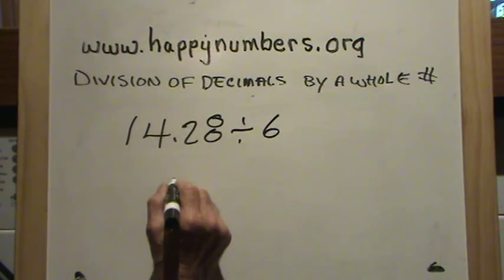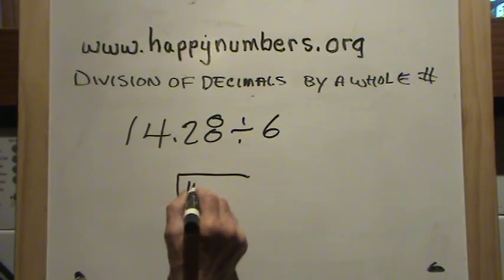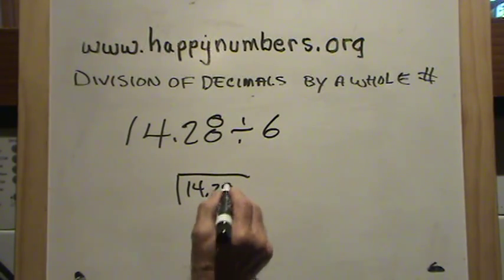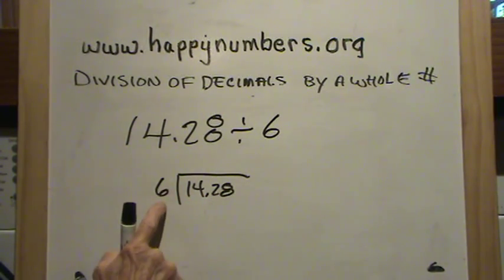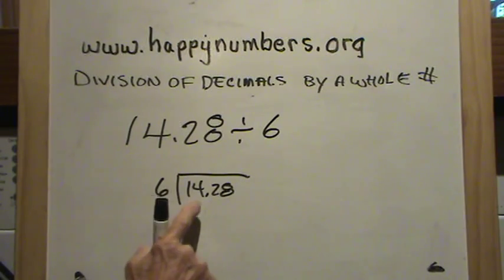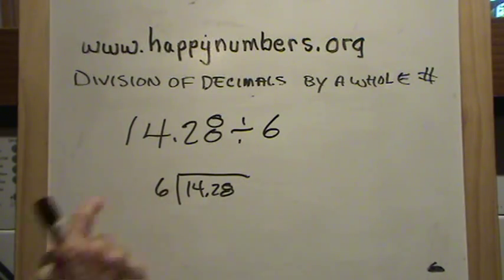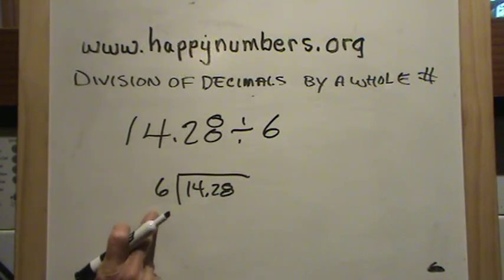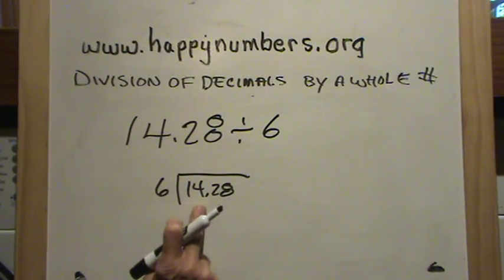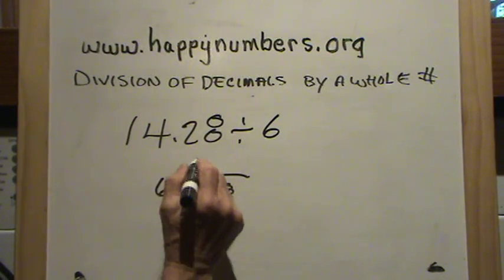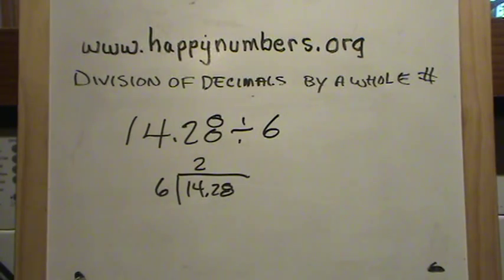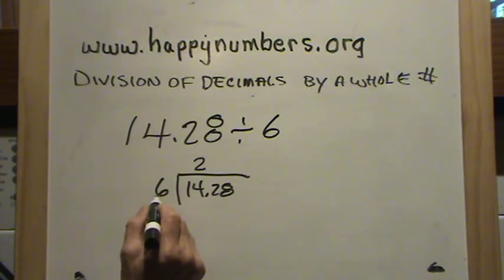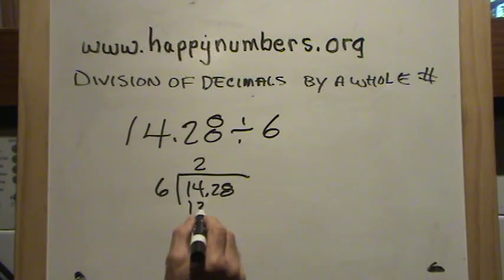Well, okay, let's set up the problem. 14 and 28 hundredths is going to be divided by the whole number 6. So divided out here, and this is what we're dividing into. Okay, so we do the division. 6 can go into 14 2 times. 2 times 6 is 12.